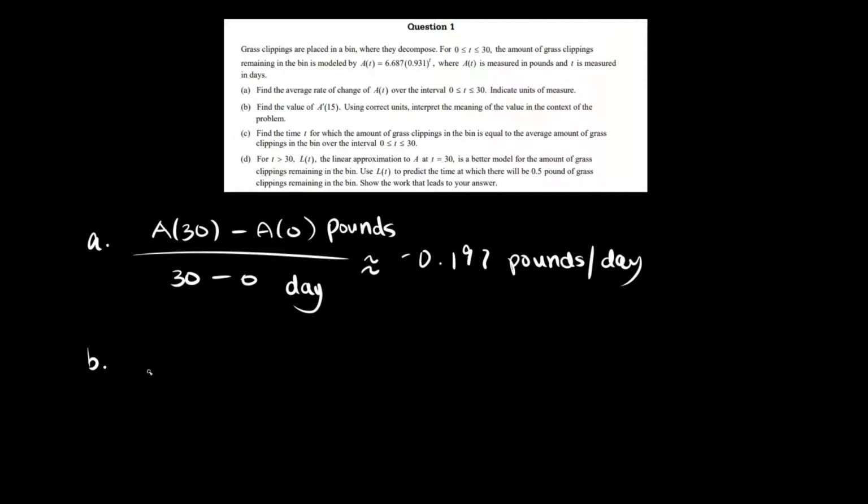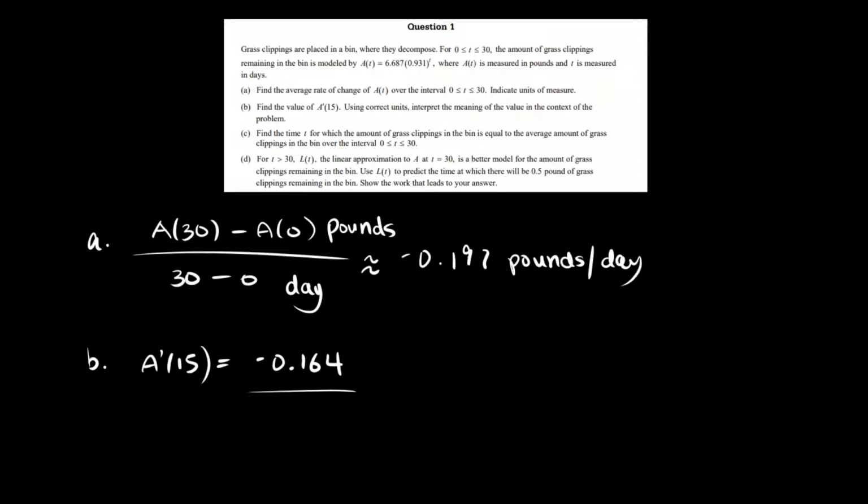And doing that, we get A prime of 15 is equal to somewhere around negative 0.164.